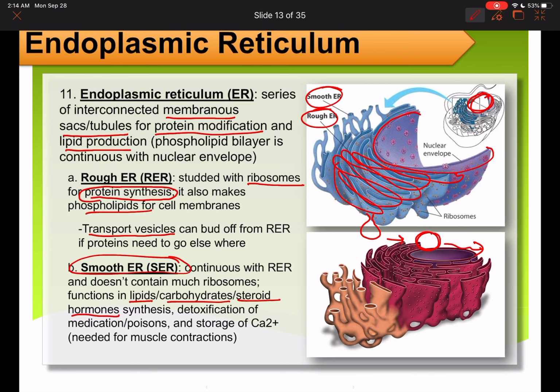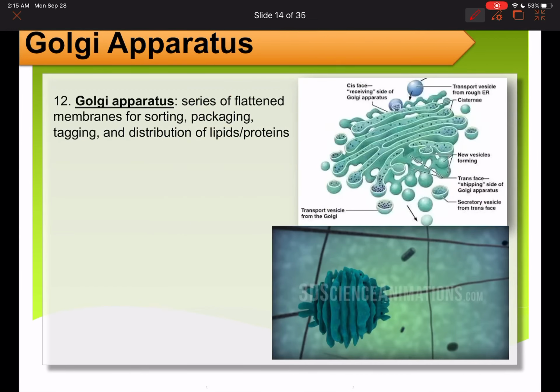They also play a role in detoxification of medication, poisons, and toxins, which is why liver cells have a lot of smooth ER. They also serve as a storage of calcium ions that are needed for muscle contractions. All right, so that's the rough ER and smooth ER, and how they look on a cell.